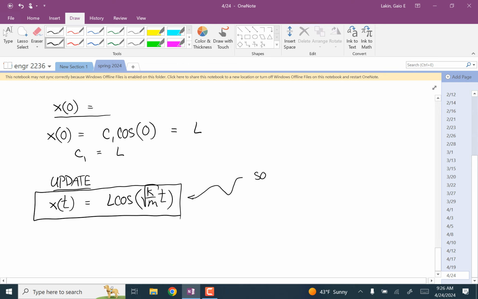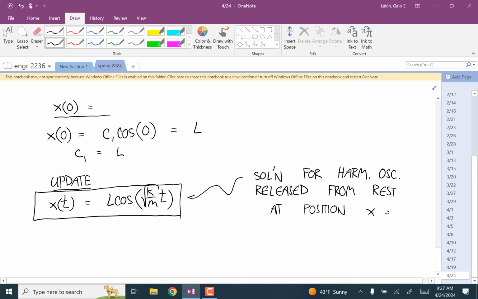So this is the solution for an undamped harmonic oscillator that's released from rest at position x equals L. This one by itself tells us everything that we're going to need.